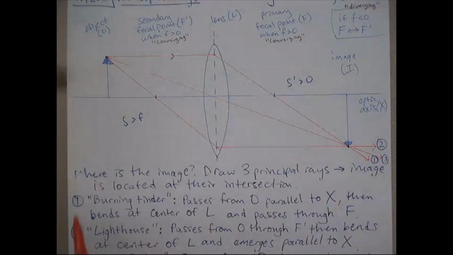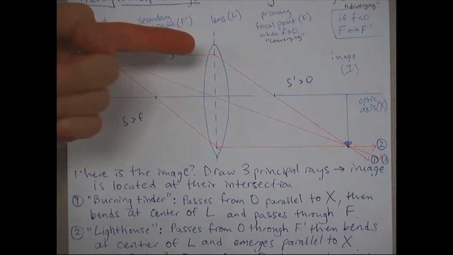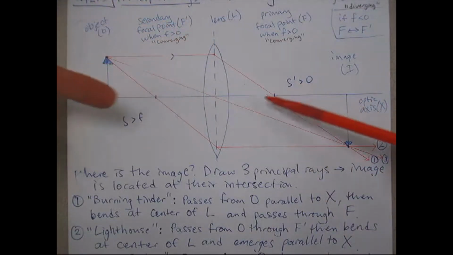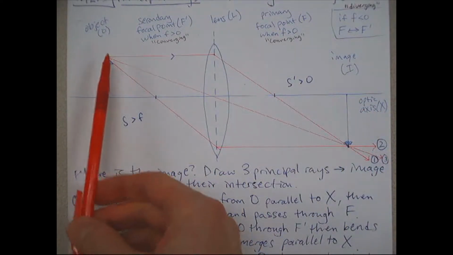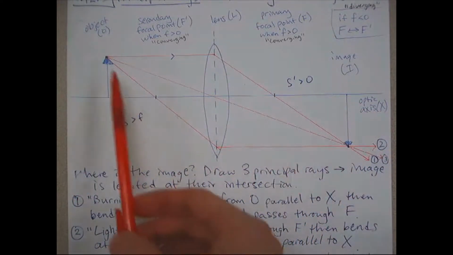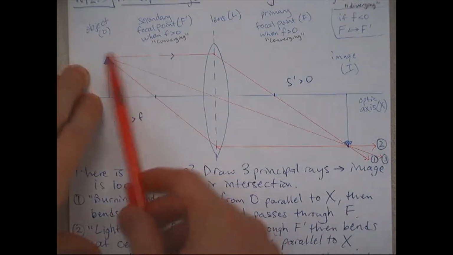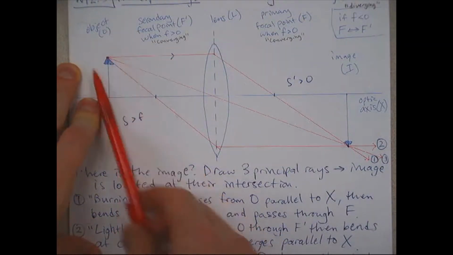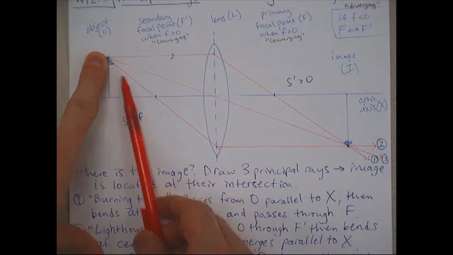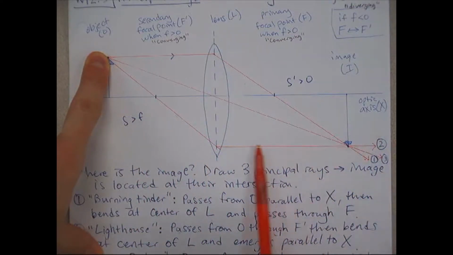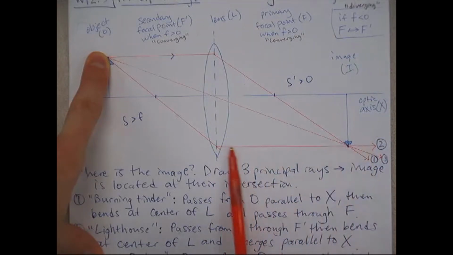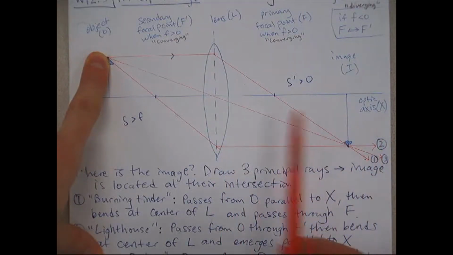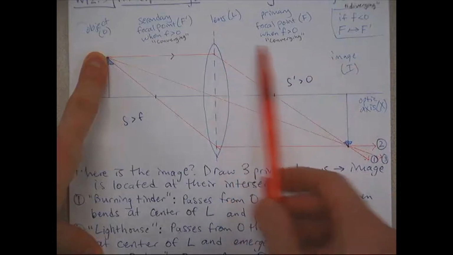Burning tinder is what you do with the parallel light rays coming in from the sun. You focus them down to a point where you want to set something on fire. With a lighthouse, you want the opposite effect. You want a relatively small source of light to be projected out as far across the surface of the water as you can. So you want parallel light rays to emerge from the lighthouse lenses.